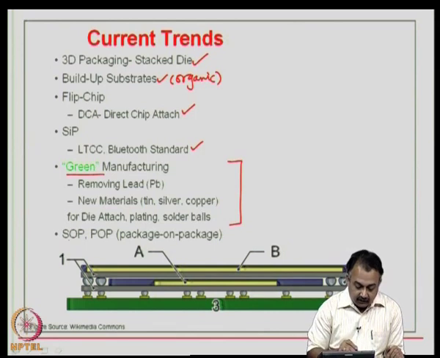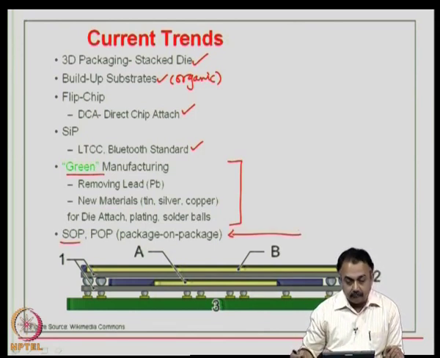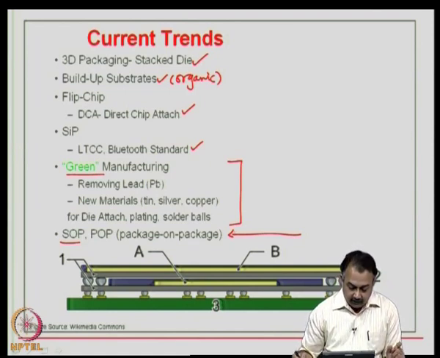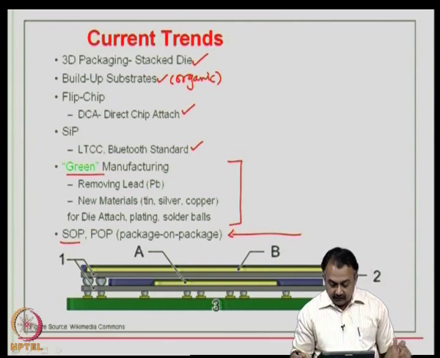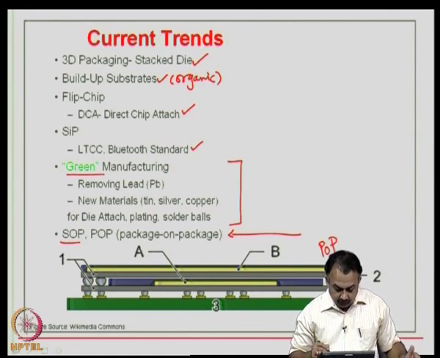Then we have seen what is an SOP, and the latest thing to happen in packages is the arrival of package on package. If you look at this figure here, this is a POP, package on package. So, what are the components of a package on package?